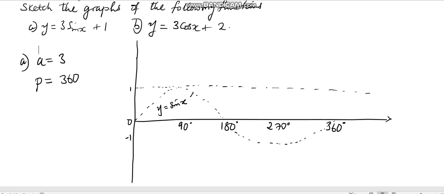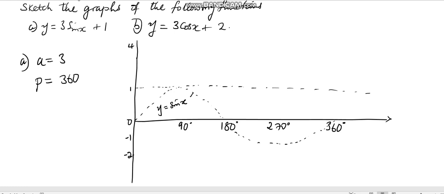Okay, so that being the case there, what else do we need? The other information that we need here is the amplitude. So meaning that from this one that we have, which is the new 0 line now, we're going to add 3 units up. So 1 plus 3, we're going to get a 4 there, and 1 minus 3, we get a negative 2 like this.